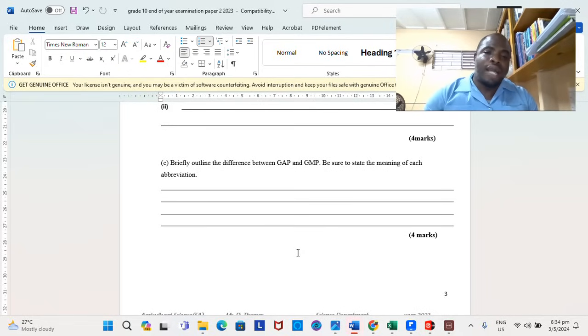And so these practices are aimed at ensuring that while you carry out these agricultural activities, it is done in such a way that your produce is still safe. So while you're doing irrigation, for example, to a crop of vegetables, the water that you're using is still up to standard.